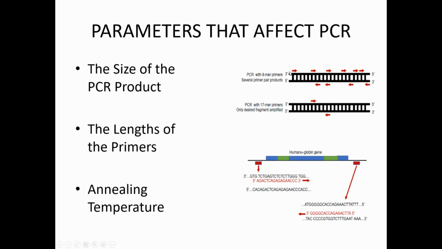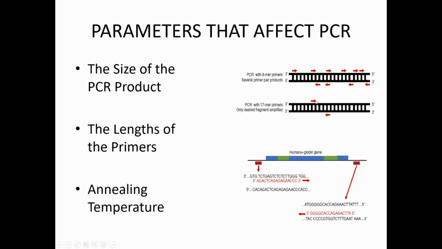If the primer is too short, say an 8-mer, that means 8 nucleotides, and at each nucleotide position you have 4 different possibilities, right? So that means 4 to the power of 8, so this primer will find its target once every 4 to the power of 8 nucleotides. If you design a primer with 17 nucleotides, then only once every 4 to the power of 17 bases will you find the exact same sequence.